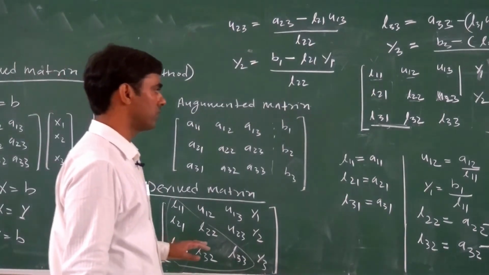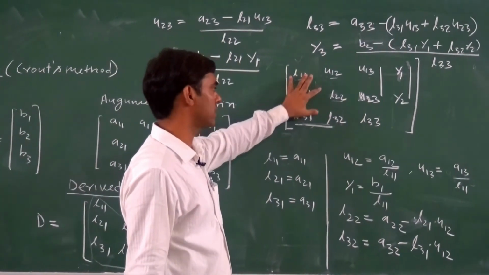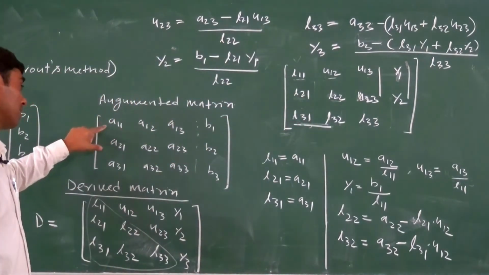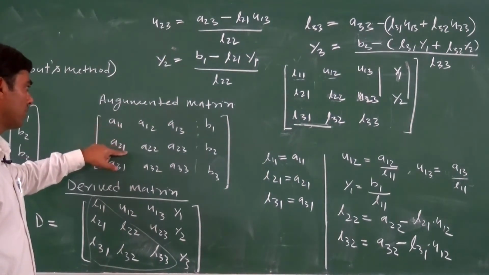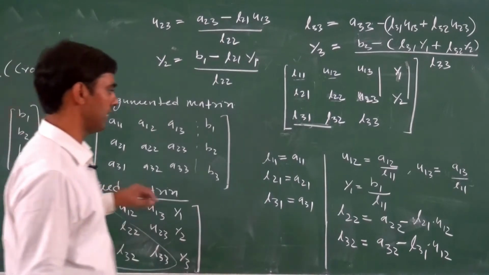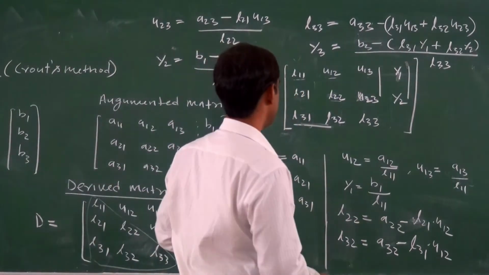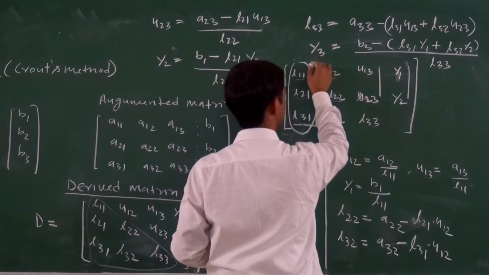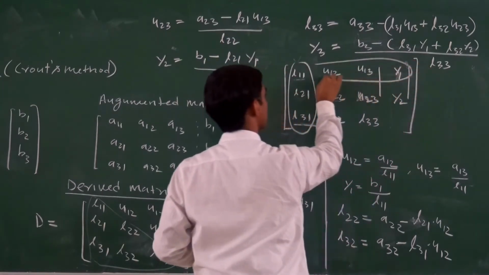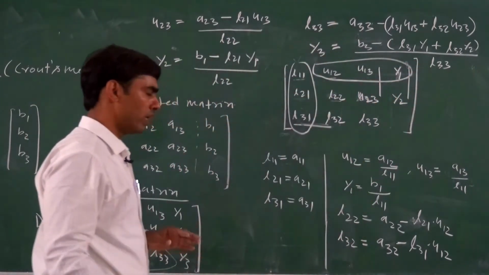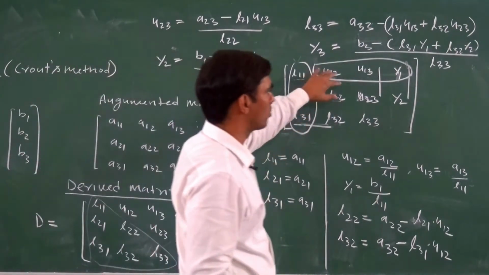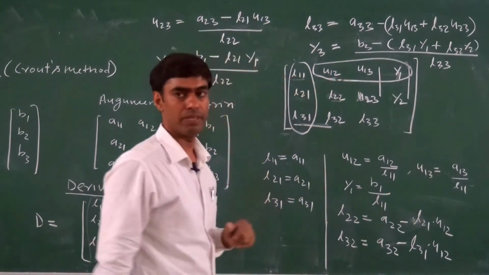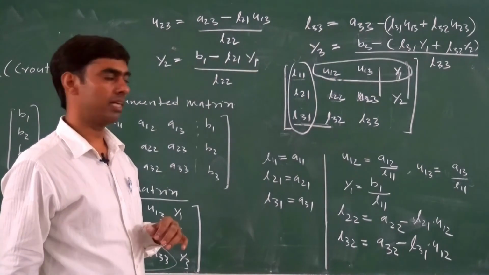And how do we find the values of this one? First we find the values of the first column. This can be written directly: L11 is A11, L21 is A21, L31 is A31. Then after finding the first column, we find the remaining values of the first row. One thing to remember: to find the remaining values of a row, we need to divide by the leading element.